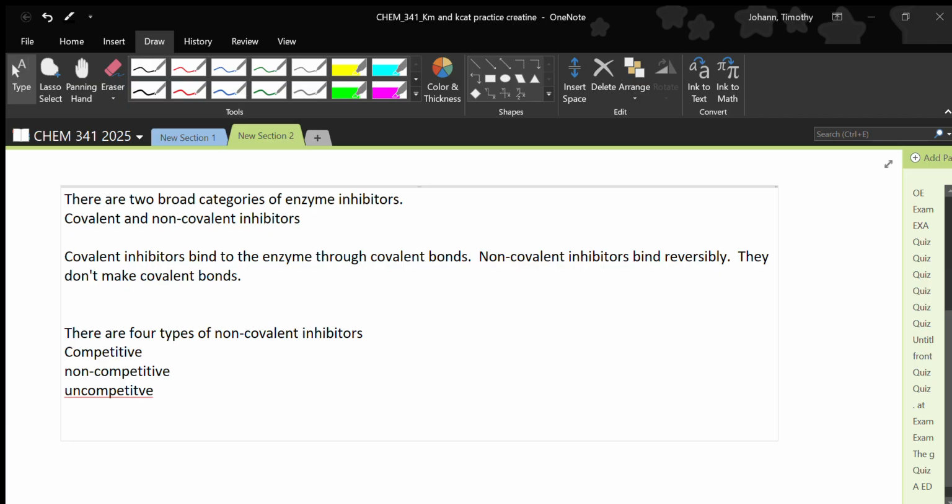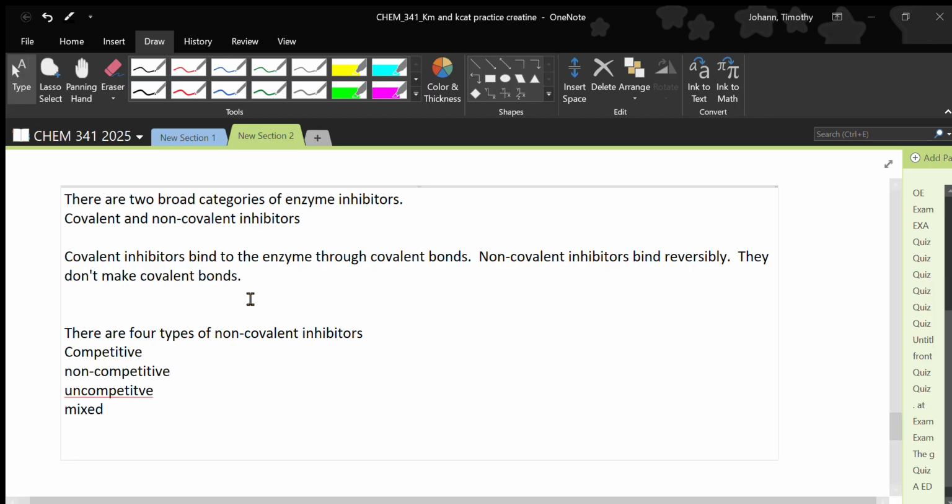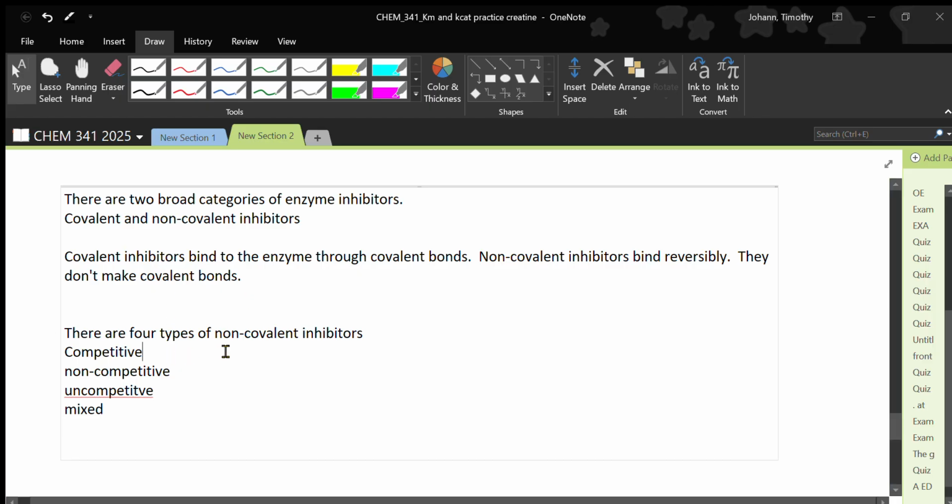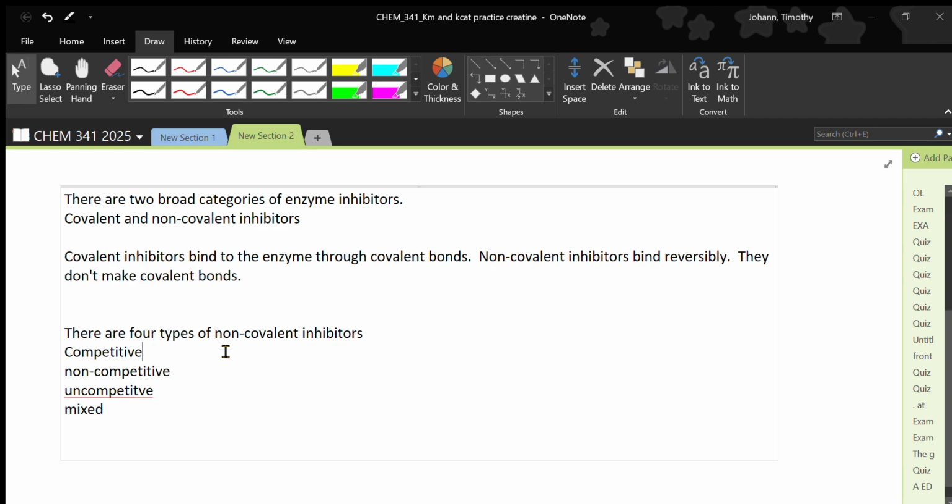And then mixed. So we have these different sorts of things. These three have specific mechanisms and specific binding characteristics, and then mixed can be a mixture of the effects you see over here. Competitive is going to be the most important.